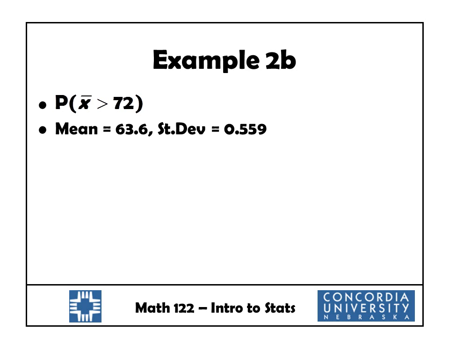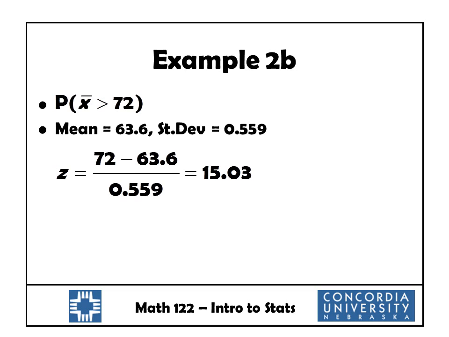Now the probability that x bar is greater than 72, again that's a normally distributed random variable with mean 63.6 and standard deviation of 0.559. I need to convert 72 to a z-score, so take 72 minus the mean divided by the standard deviation, and I get 15.03, which is a huge z-score.